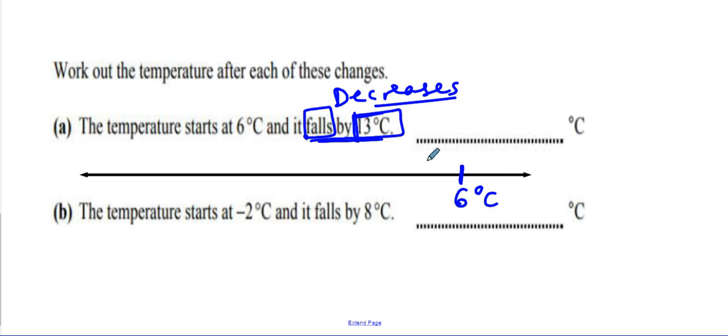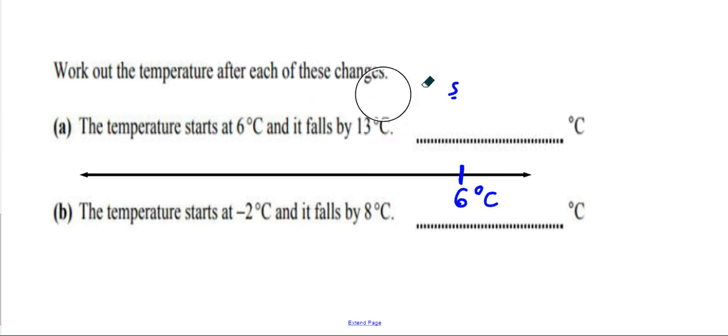Now how did I know that we have to move 13 steps? It is because the question says the temperature starts at 6 degrees and it falls by 13 degrees. So this number is the number of steps we have to move from here going to the left hand side. So let us move 13 steps from 6 degrees.